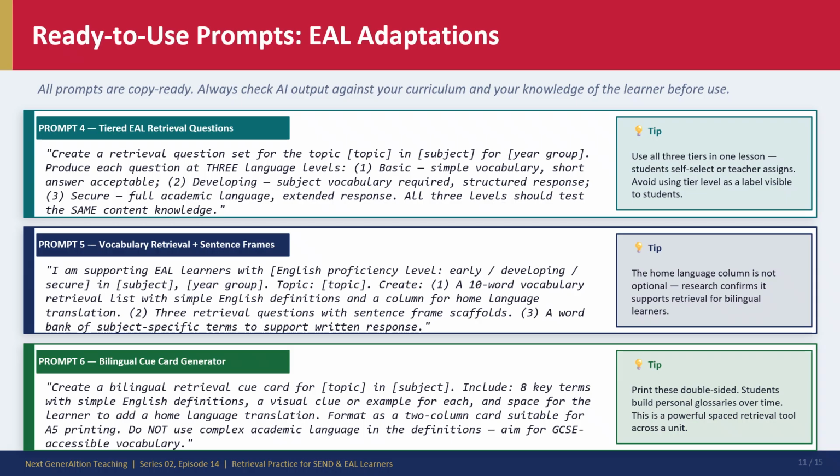This creates a 2-column A5 card with key terms, simple definitions, visual cues, and a space for the learner to add home language translations. Build these at the start of a unit and students add to them across the term. By the end of the unit, they should have a personalised bilingual retrieval tool that is itself a form of spaced practice.